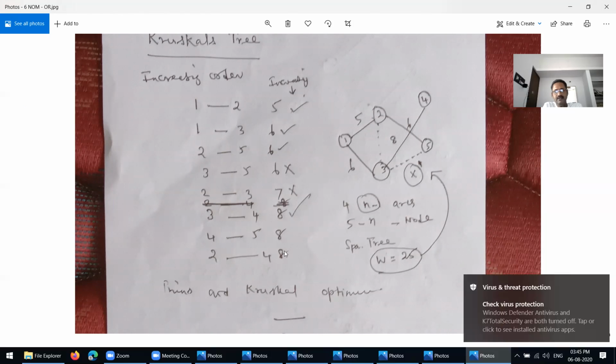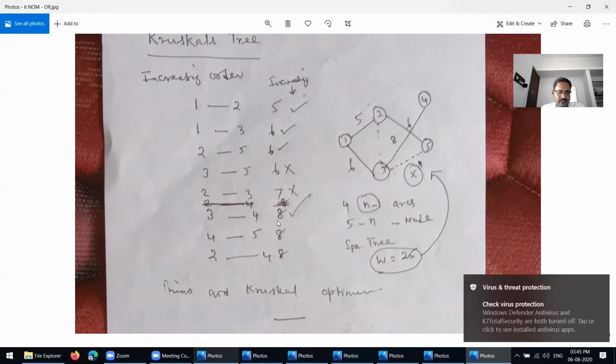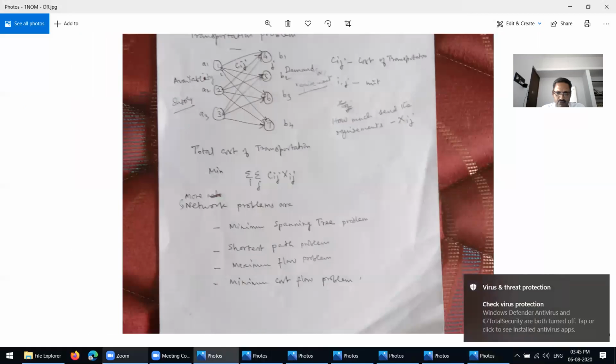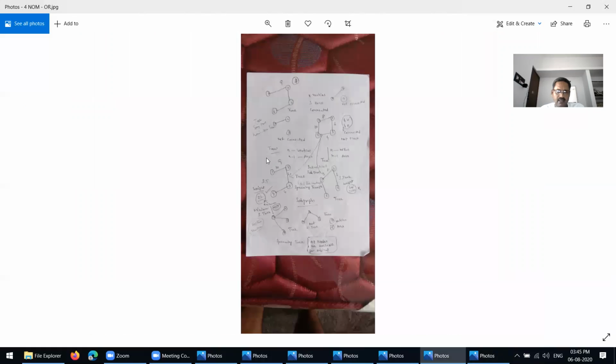We have to check this one. For example, here we refer to the previous one. Put the parent here now.